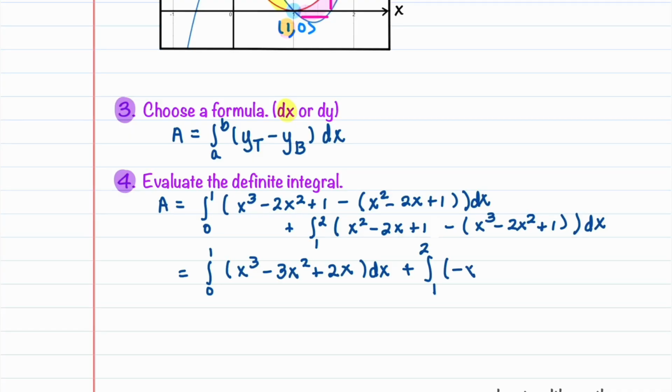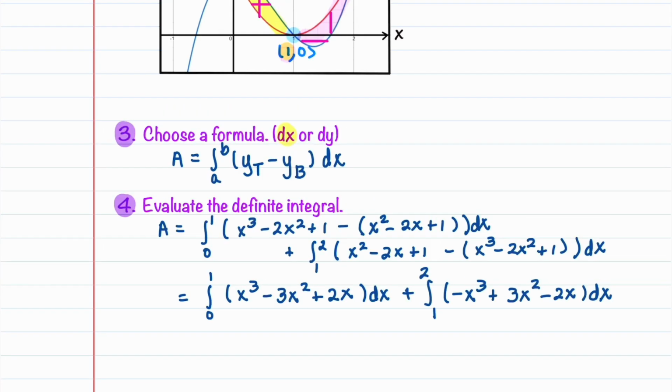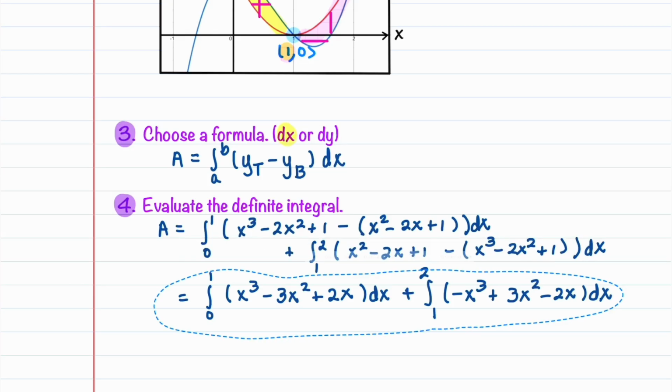We have minus x cubed. We have a 2x squared and an x squared, so this is plus 3x squared. And then we have a minus 2x, and the 1's cancel. And there's our dx. We are not going to have enough space to evaluate this integral on this page, so I'm going to grab it and take it to the next page.